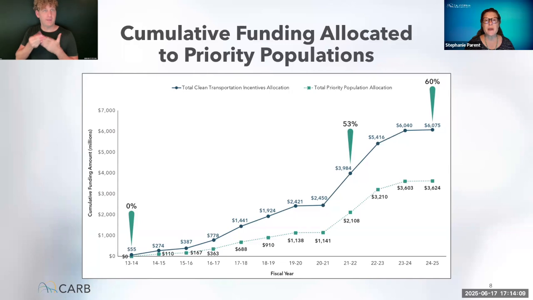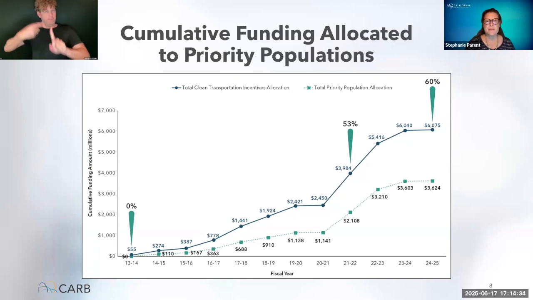In fiscal year 2013-14, greenhouse gas reduction funds became available, and CARB was directed to tailor incentive projects toward people who live in disadvantaged communities. This is around the time the first Clean Cars for All projects began in the South Coast and the San Joaquin Valley Air Districts.